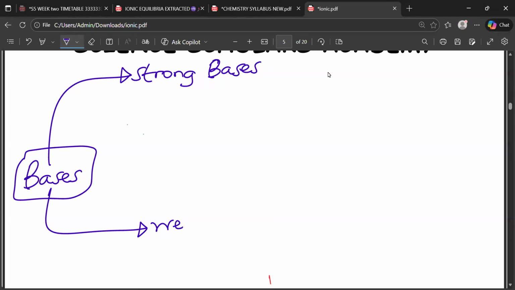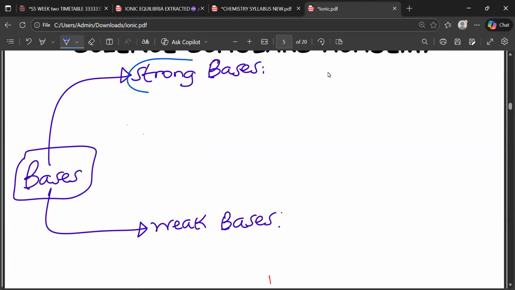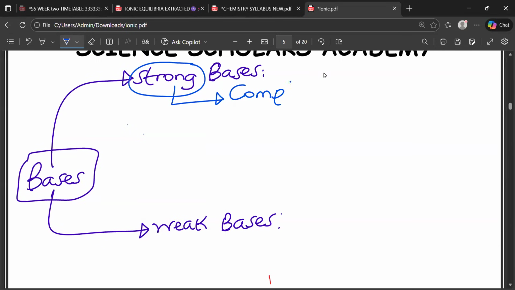Okay, sir, good morning. So for the strong bases, they completely ionize to produce many hydroxide ions. Then they accept protons more easily. That's all for the strong bases.